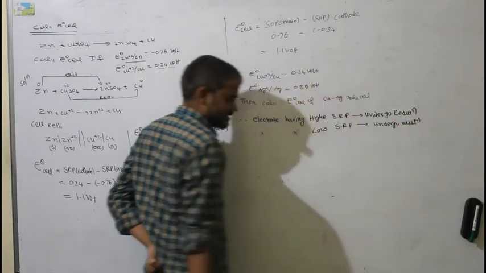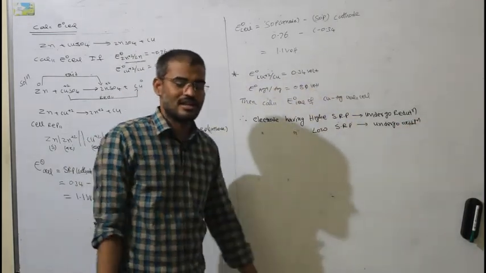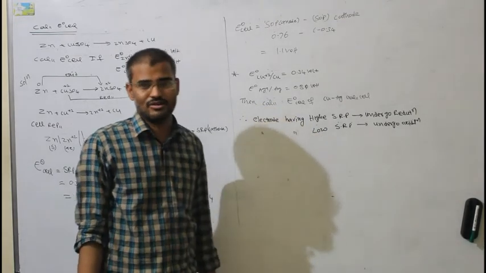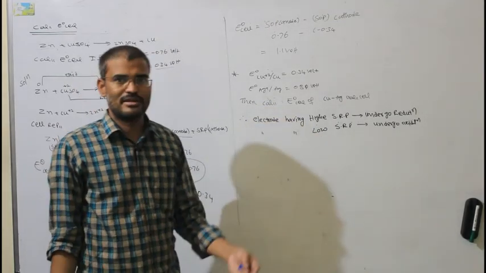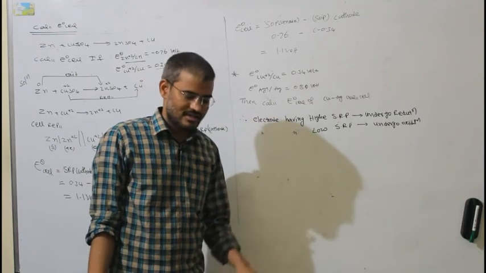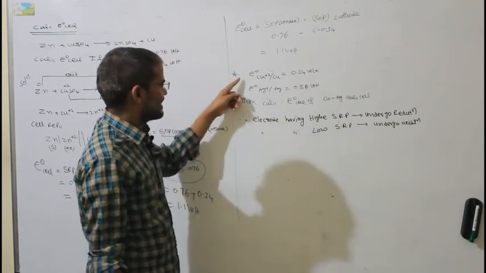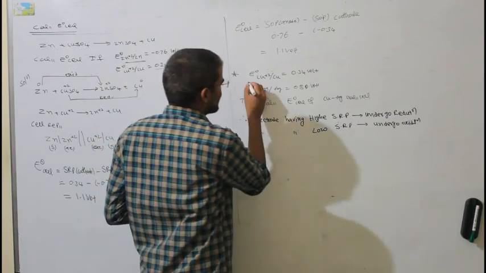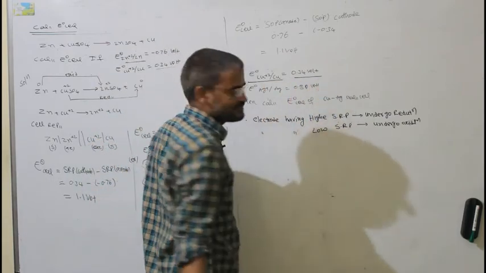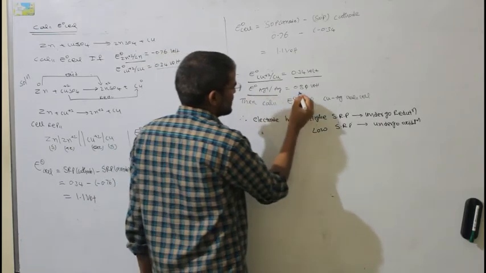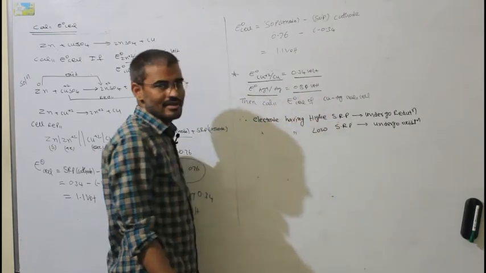Otherwise, in the E naught cell calculation using the standard hydrogen electrode, I gave another fact: the higher reactive element undergoes oxidation, the lower reactive one undergoes reduction. So look at the given question: copper reduction potential value 0.34, silver reduction potential value 0.80. Which is higher?